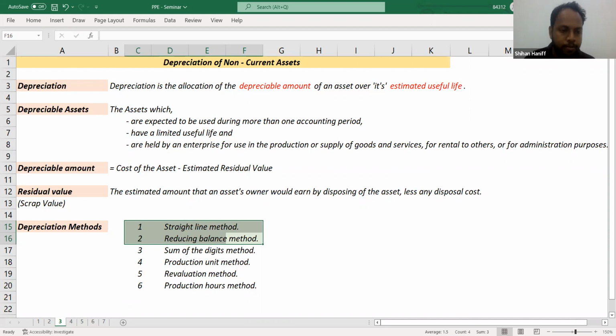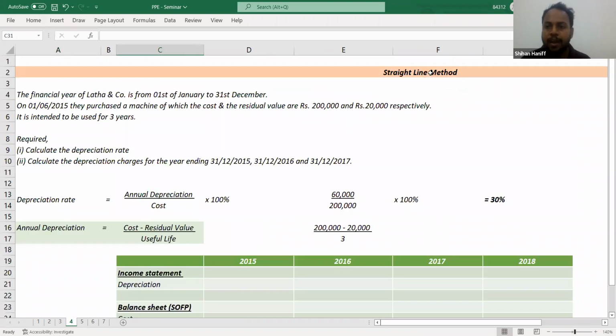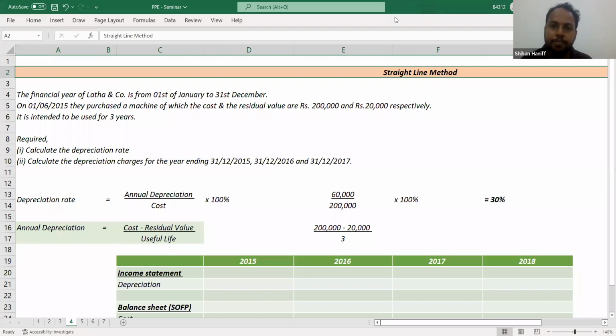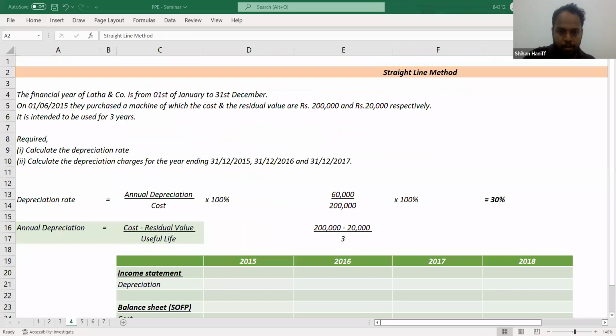Okay, so let's move to the types of depreciation. Right. Starting with straight line method. You will be checked only on the first two methods. You will need to study the definitions better to understand the meaning of each.